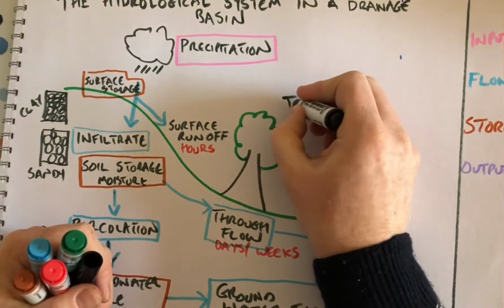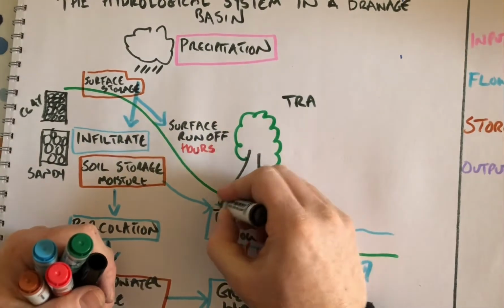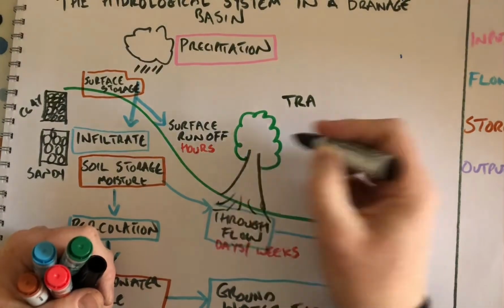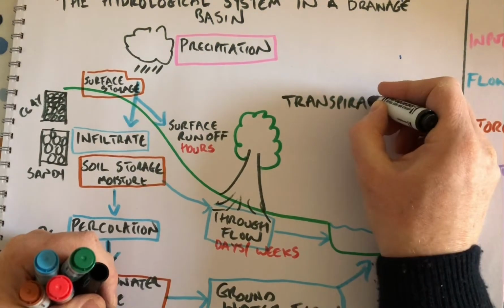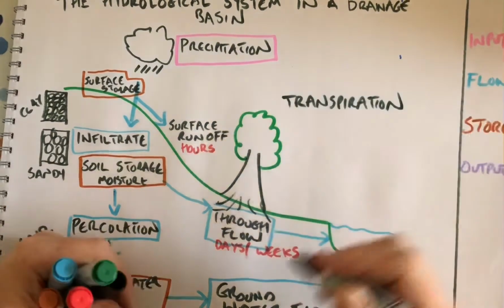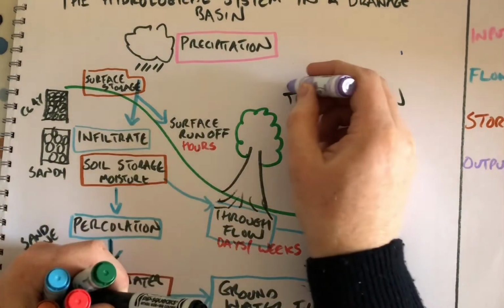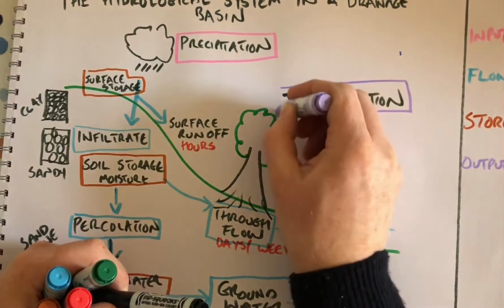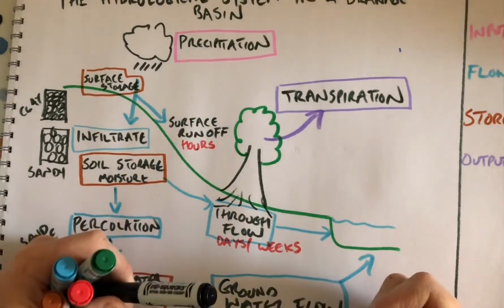Trees will draw up water through their roots from the soil, and they will transpire. They will move the water back into the atmosphere. So transpiration is one of our outputs.